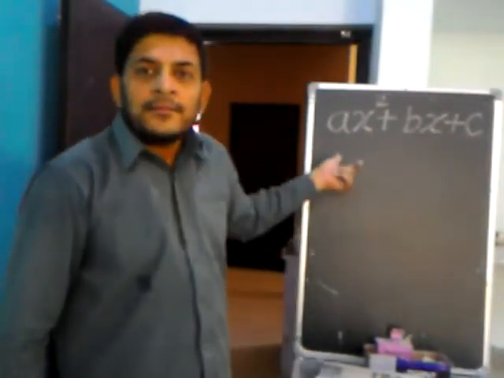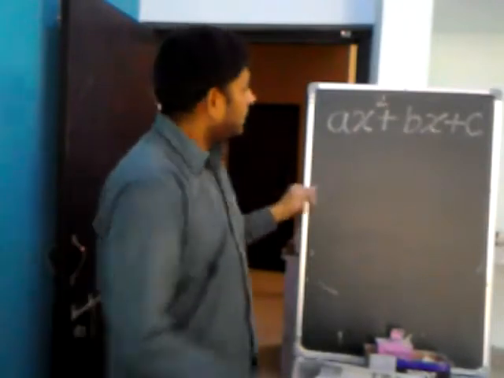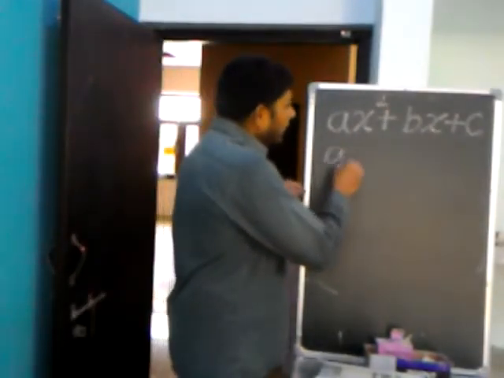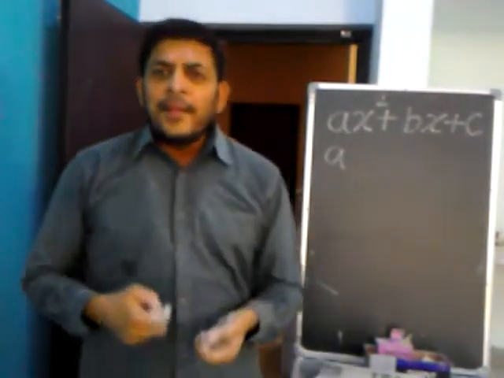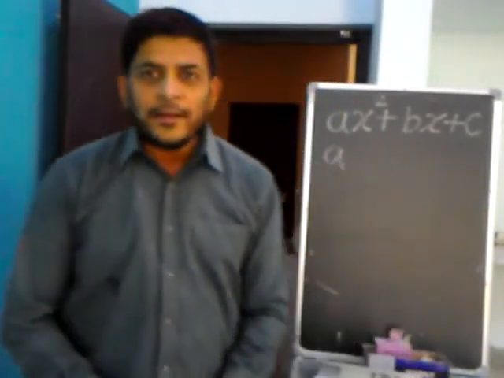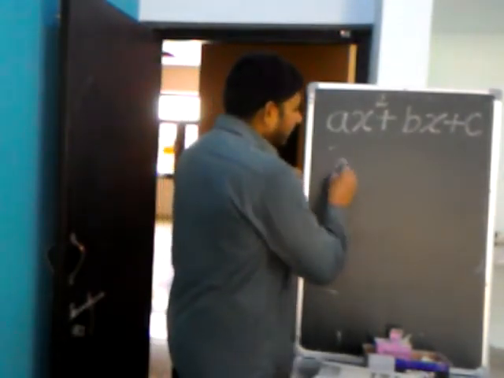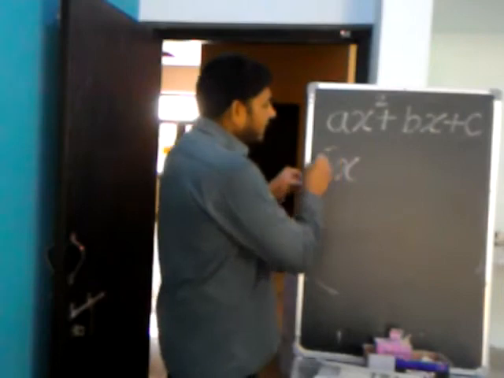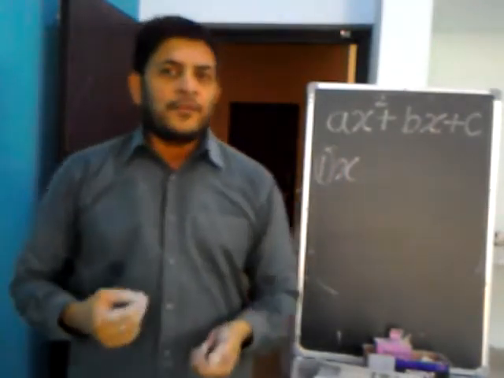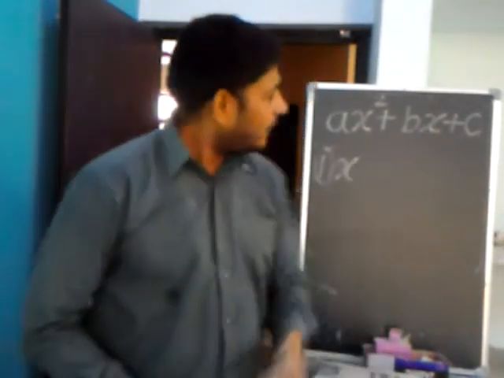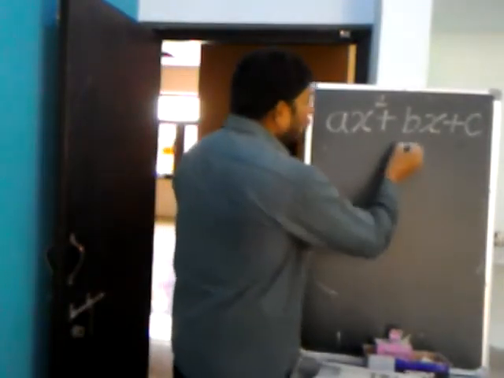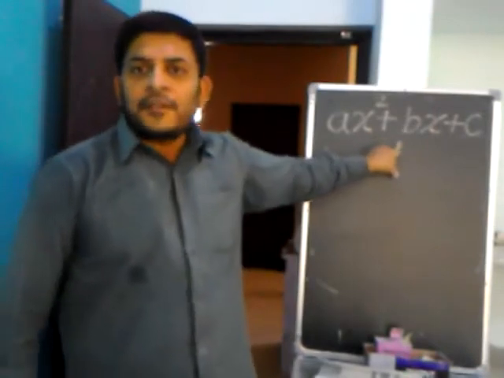Now what are these a, b and c? a is the coefficient of x square. Coefficient means anything which is being multiplied by x square. It can be a number, just like our previous example, where one was the coefficient and we do not write it. b is the coefficient of x.